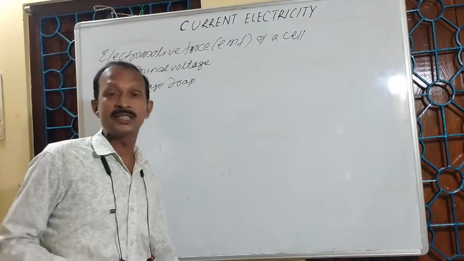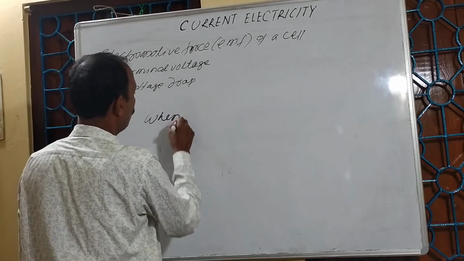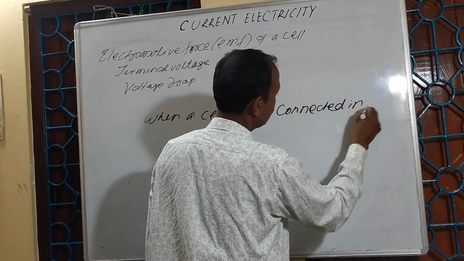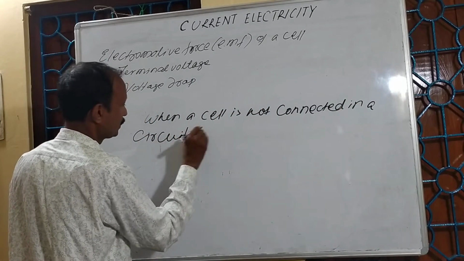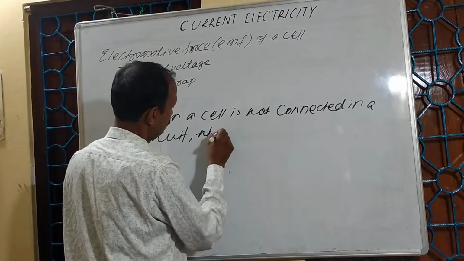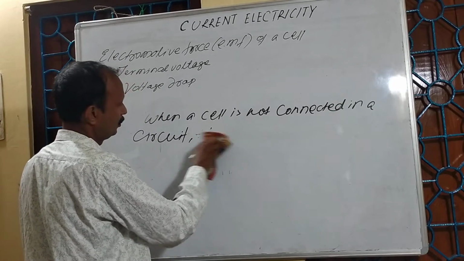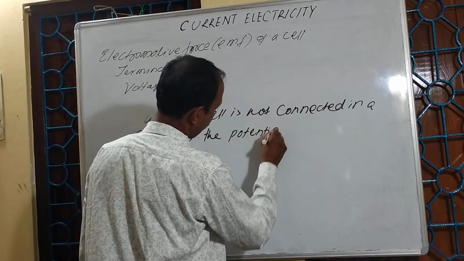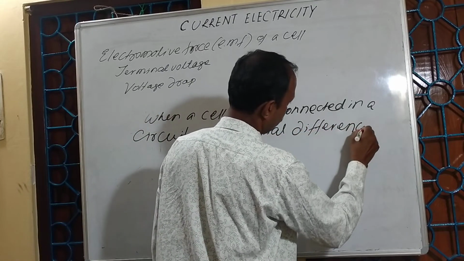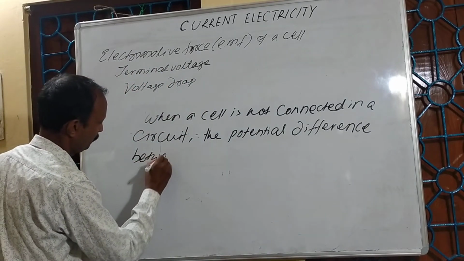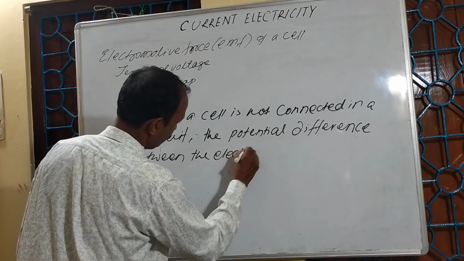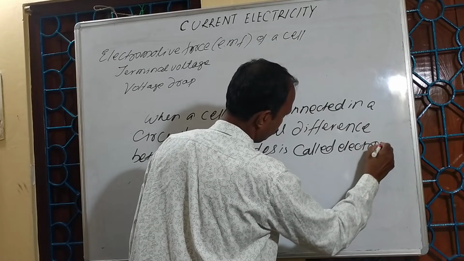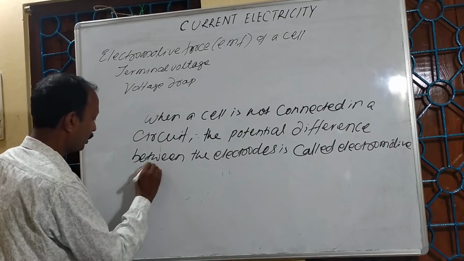When a cell is not connected in a circuit, the potential difference between the electrodes is called electromotive force.